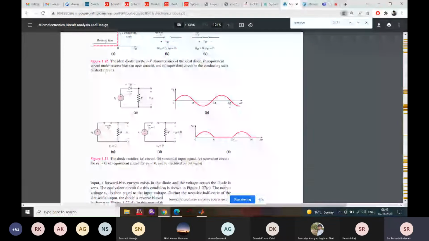Can you see my screen? Yes, sir. Here you can see in figure 1.27 a similar diagram. Here we choose the ideal diode, so it is conducting from 0 to pi. For our case, the cutoff is 0.6, so it will start conducting from 0.6 up to near pi.